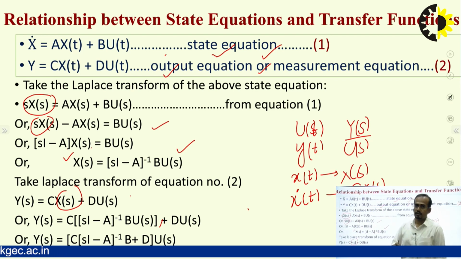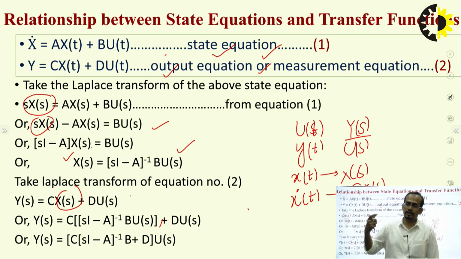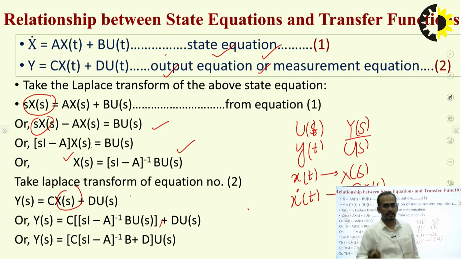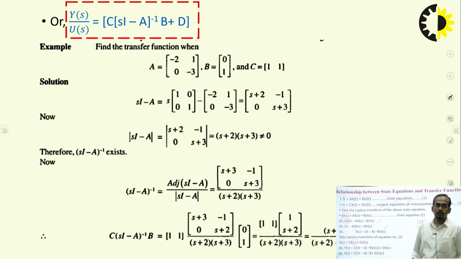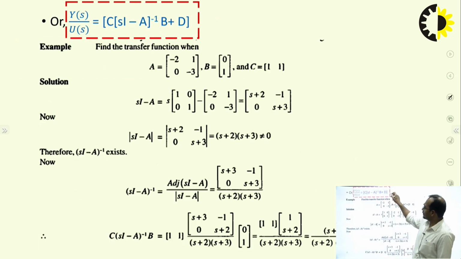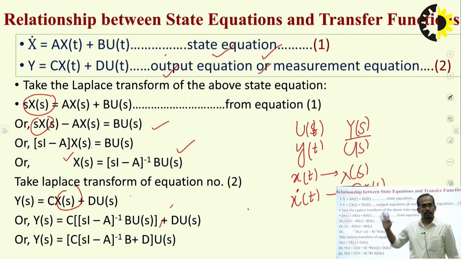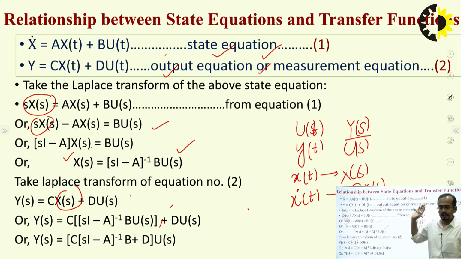I want the ratio of Y(s) and U(s), which gives the transfer function of the system. Taking U(s) common, Y(s) by U(s) is equal to C (sI minus A) inverse B plus D. So this is the transfer function of the state space model.